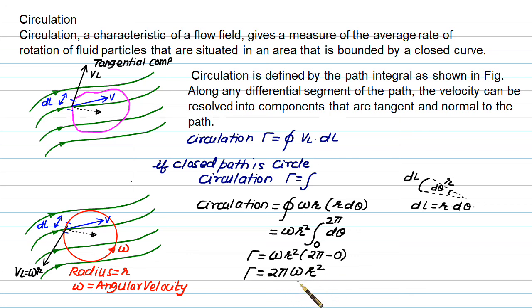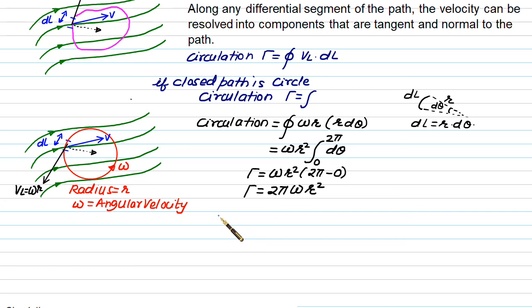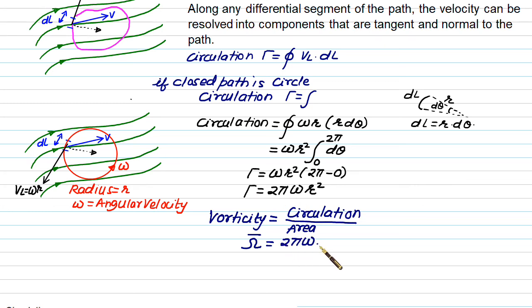And there is a definite relation between the vorticity and circulation. The vorticity can be obtained from circulation also. So vorticity will be equal to the circulation divided by the area. Vorticity, which is represented by omega vector, equals circulation gamma, which is 2 pi omega into r square, divided by pi r square.